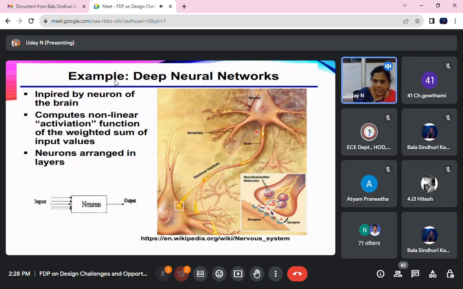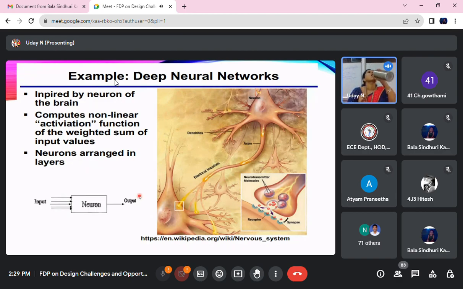This complete cell is denoted by this black box neuron, and the information received by several dendrites is called input, and whatever electrical impulse this neuron gives is called the output. So this is how a biological neuron works in the human brain.